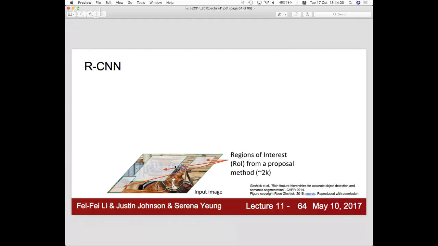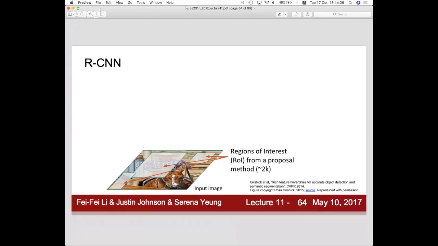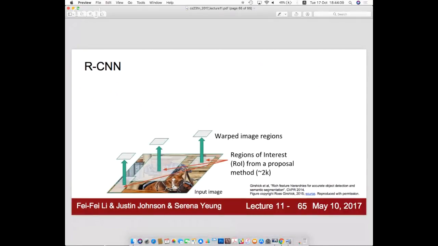And what the system does is take these regions of interest, and warp them into images that can fit, because the convolution requires a fixed size image. So these different size regions of interest need to be warped to a standard size, which is 227 by 227 in the case of RCNN.